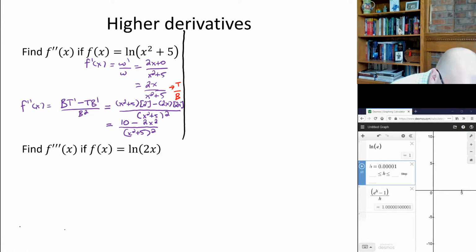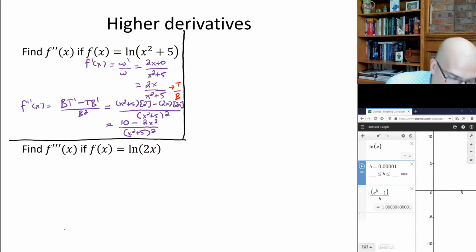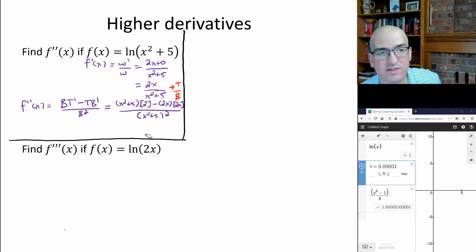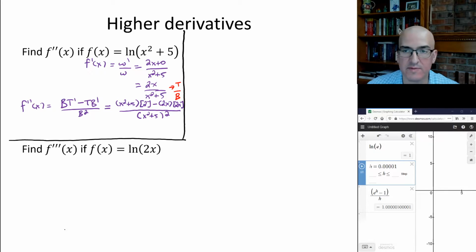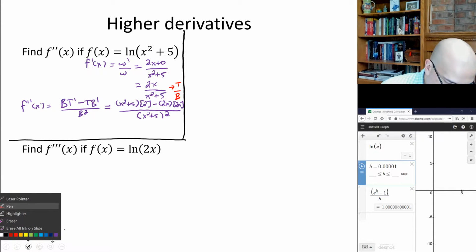You know what? I'm not even going to put that because I don't want you to do that. I want you to leave it alone. Don't simplify it. Leave it as x squared plus 5 times 2 minus 2x times 2x over x squared plus 5 all squared.